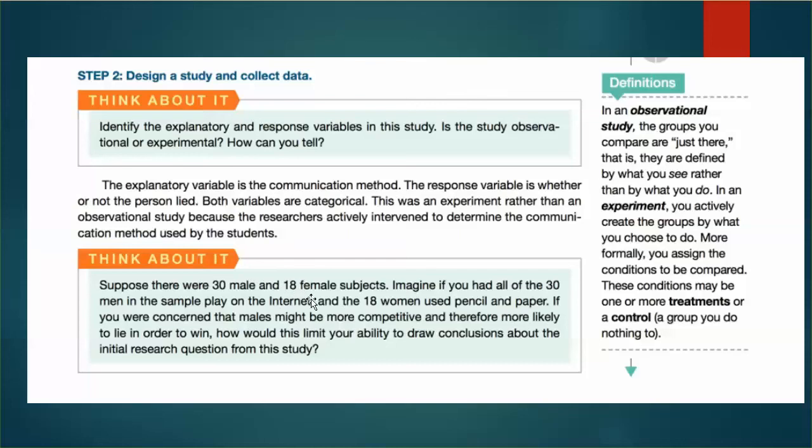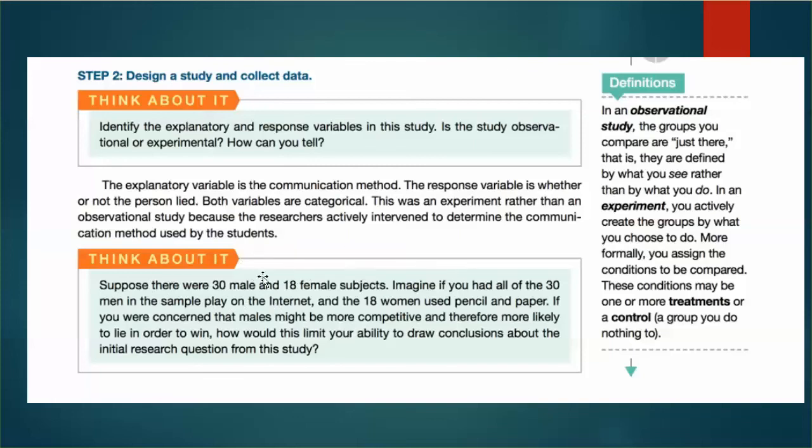And now you're not going to know, is it because of the method they were using or is it because of the gender? What would be better is to take these 30 men and assign 15 to the pencil and paper and 15 to the email communication. Take the women, assign 9 to the email communication and 9 to the pencil and paper. And then you've got a good block design where men and women are equally represented in both groups.